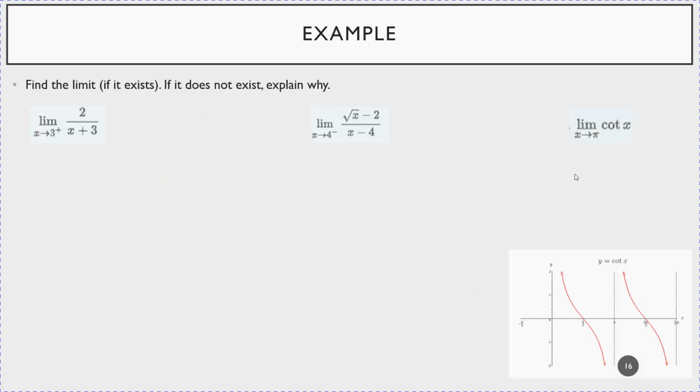Okay, let's try these. Find the limit if it exists, and if it does not exist, explain why. Let's look at the limit as x goes to 3 from above of this expression. We see that x cannot be negative 3. Even though it's a one-sided limit, if I can just plug 3 in, do it.